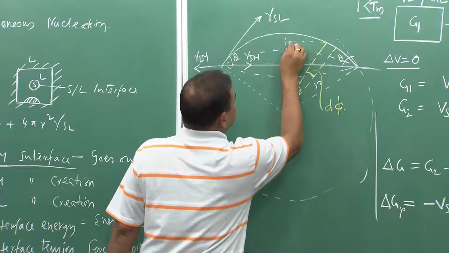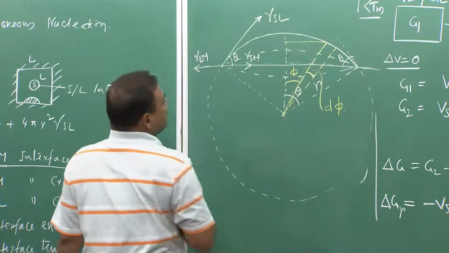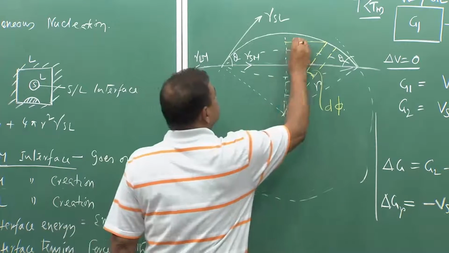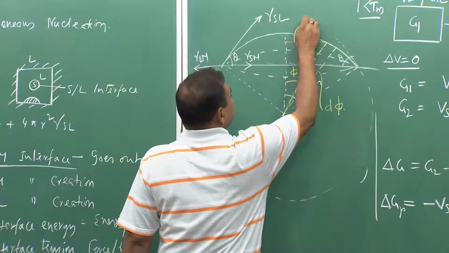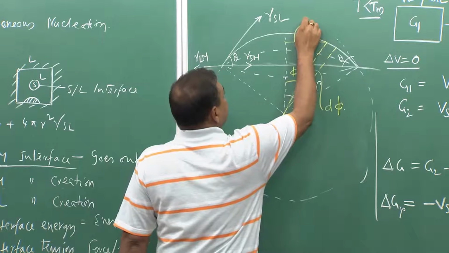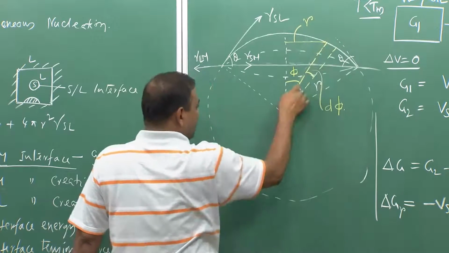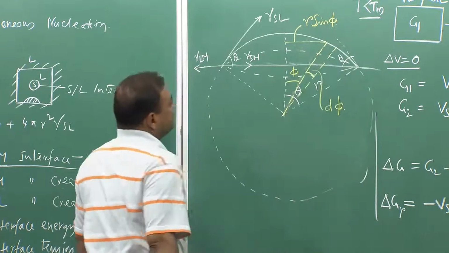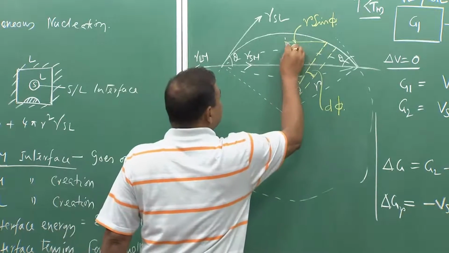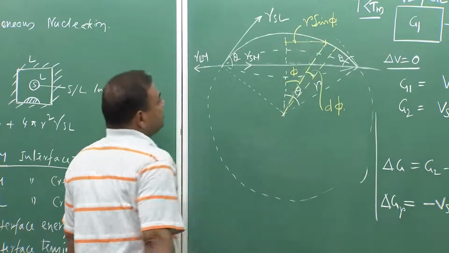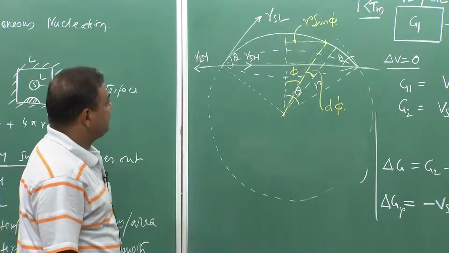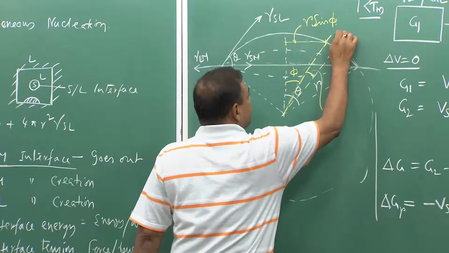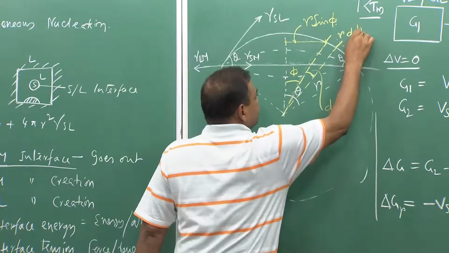For example, if I try to do the length calculation of this particular length, you will see that this particular term would come r, because this is r sin phi. So, this particular length becomes r sin phi. So, this is r d phi.